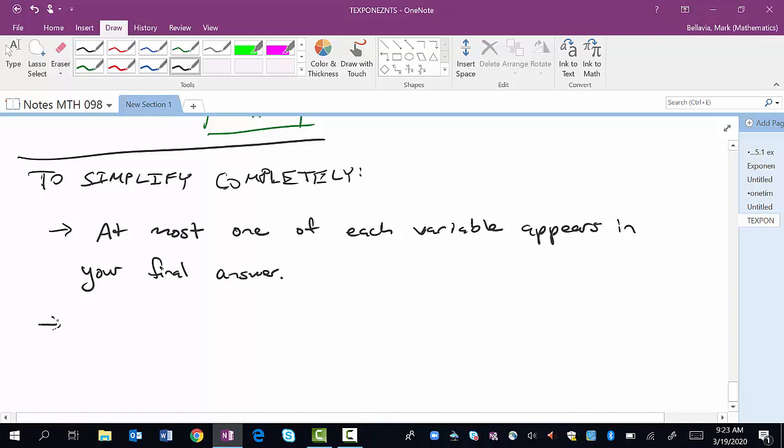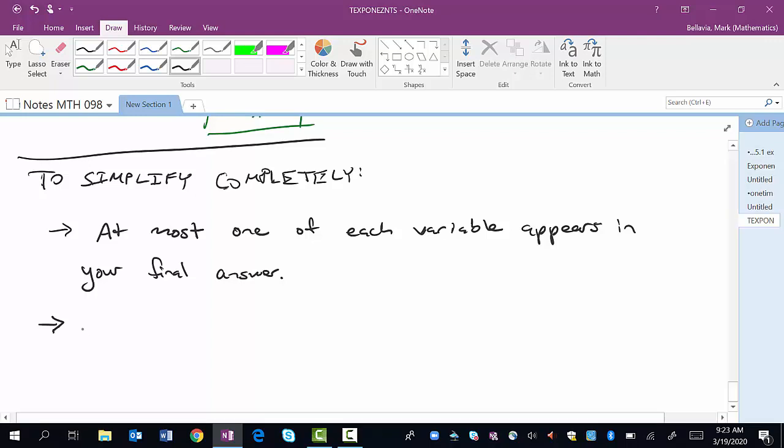So, in other words, if you have more than one variable that's got the same base, right? So if you have an x in the numerator and x in the denominator, or two of them next to each other, you can use multiplication or division rules to simplify that.